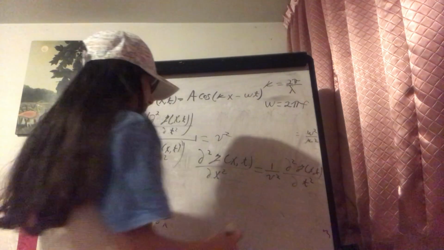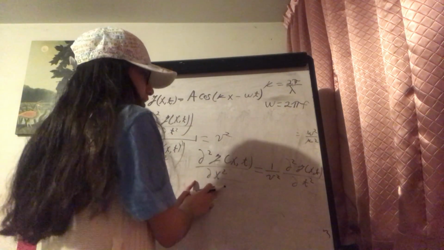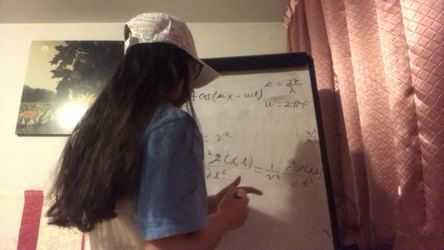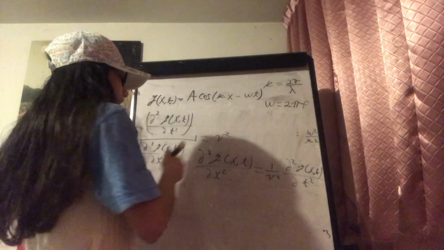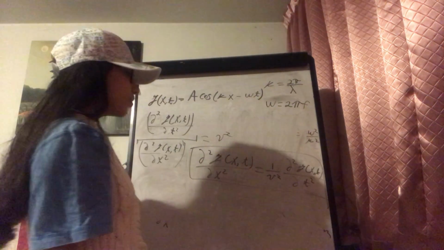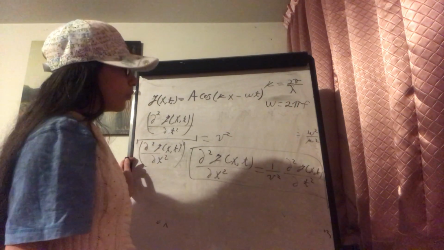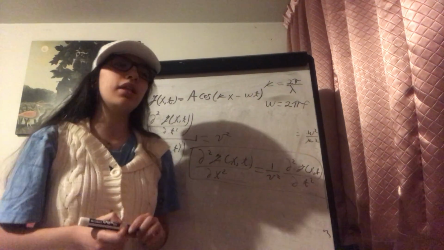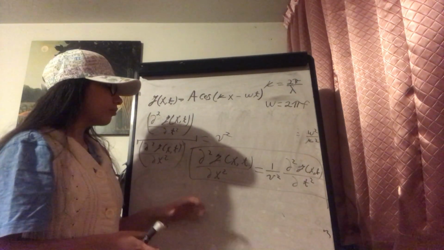So the curvature is equal to 1 over the square of the velocity times the acceleration of y. This is the wave equation, and it is the most beautiful equation in physics, because it is seen in many topics.